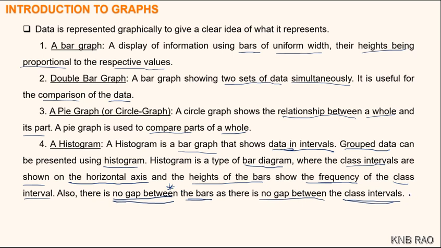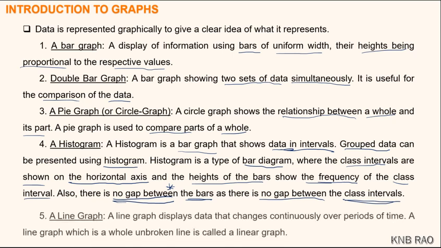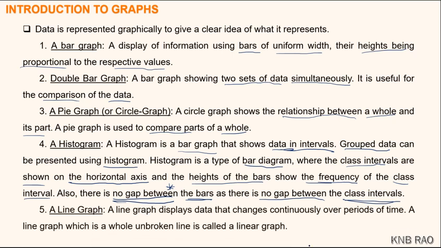Okay. Now, the fifth important graph that we have learned is the line graph. A line graph displays data that changes continuously over periods of time. You might have drawn distance-time graph, speed-time graph in physics.